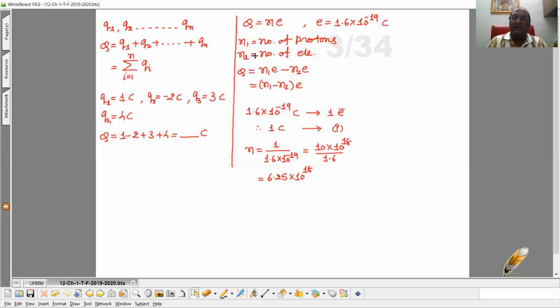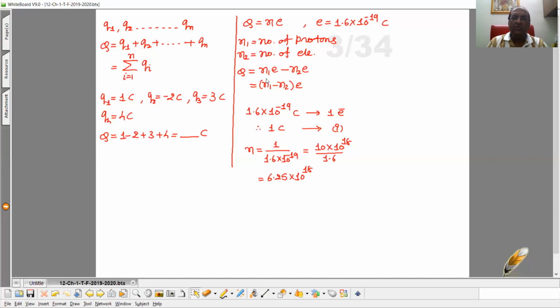Suppose in any object, n1 number of protons are there and n2 number of electrons are there. Then the total positive charge is n1 into e, where e is the magnitude of charge on electron and proton, which is the same. We take the charge on proton as positive and on electron as negative.